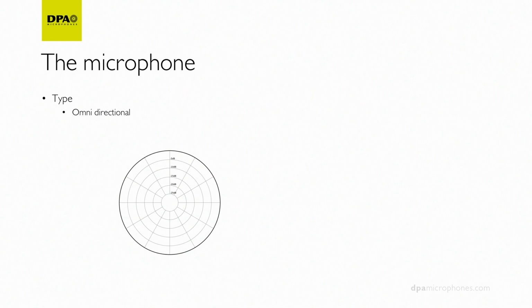There are different types of microphones. We have omnidirectional microphones. Typically, Omni microphones are the microphones that we have in something like my camera here. My iPhone camera has an Omni microphone built in.